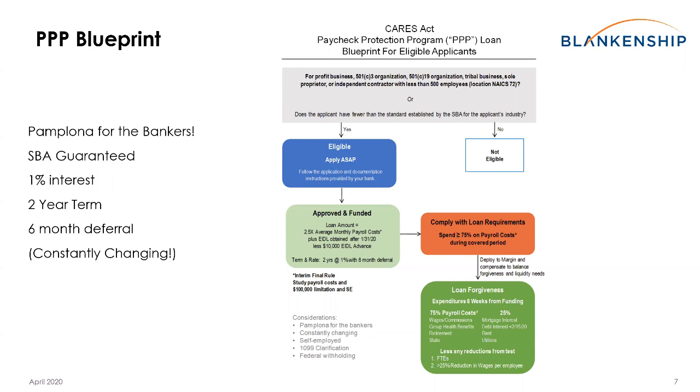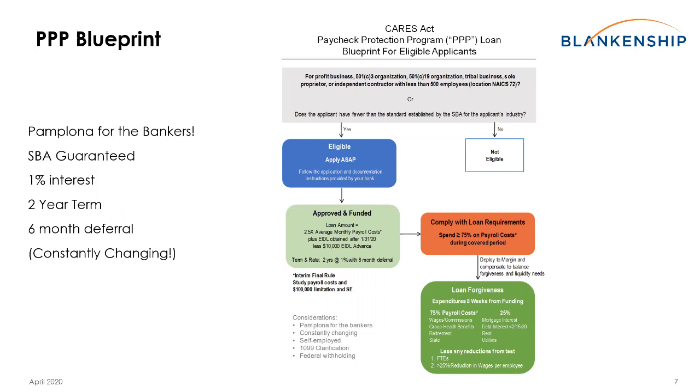Once you've calculated the qualifying cost, you then have to apply 2 additional reduction tests based on your full-time equivalent employees compared to a base period. So if you maintain your full-time equivalent employees during that 8-week period, you won't have a reduction. If you've reduced your number of full-time employees, you'll reduce your forgiveness by a ratio versus a base period.